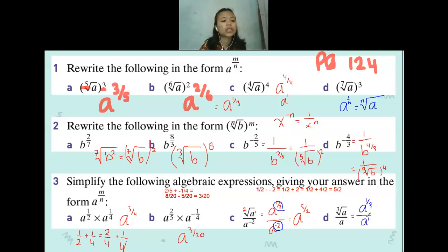So it is a division, we have to subtract the powers. So we do 1/3 minus 1. How many will it be? 1/3 minus 1? Negative 2/3. Yeah, negative 2/3, correct. So the final answer we write as a to the power of negative 2/3.